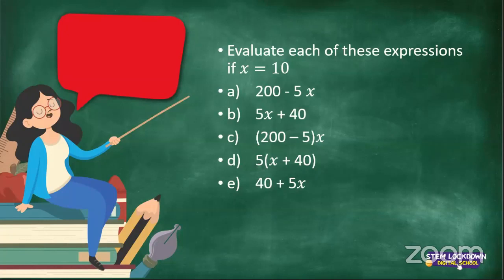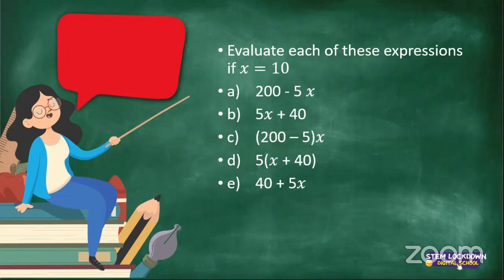I substituted 10 in the place of x, sir, and I simplified. Yes, so you basically simplified it. I got the answer 150, sir. How did you get 150? 200 minus 5 multiplied by 10.